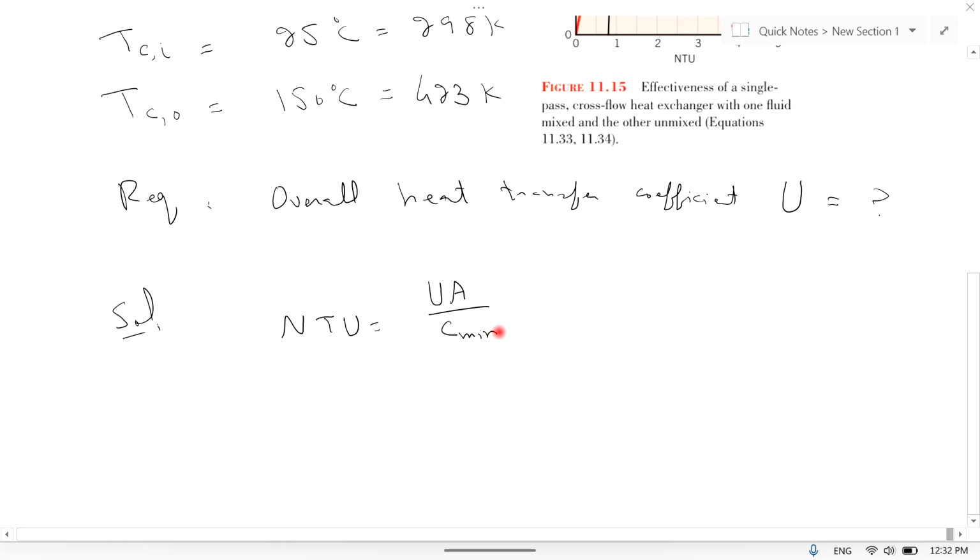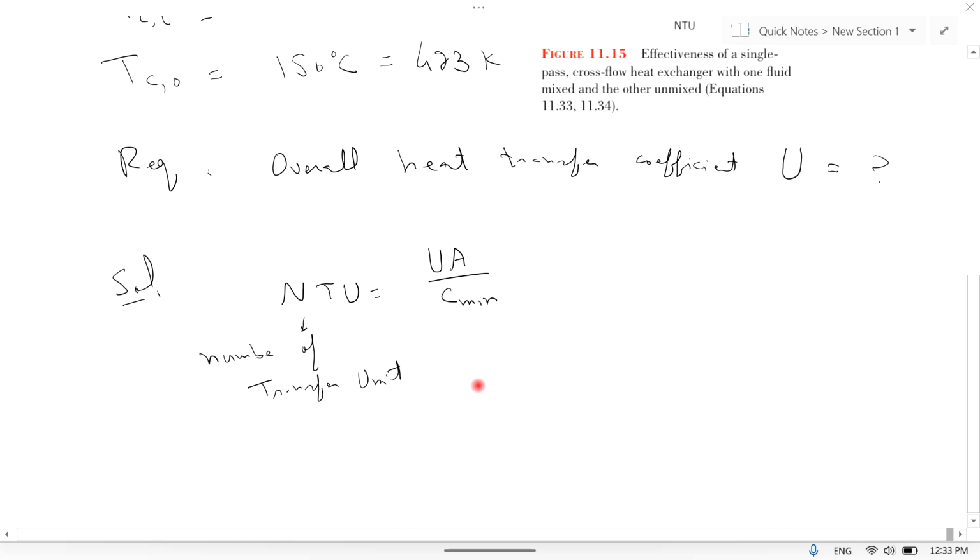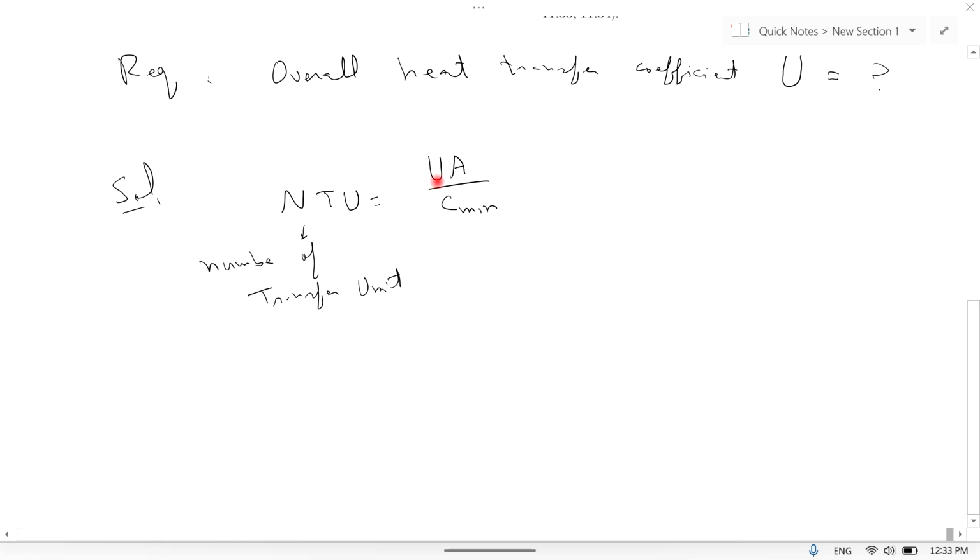NTU is basically the number of transfer units. U is the overall heat transfer coefficient, A is area, and C minimum is the minimum heat capacity. So to find U, we have to find NTU, A, and C minimum.